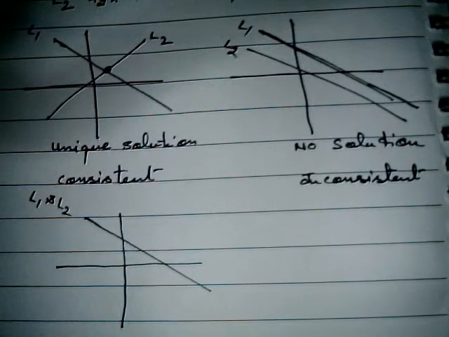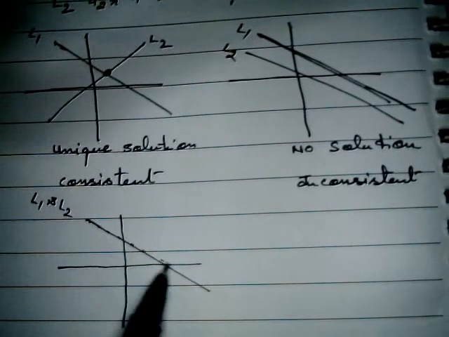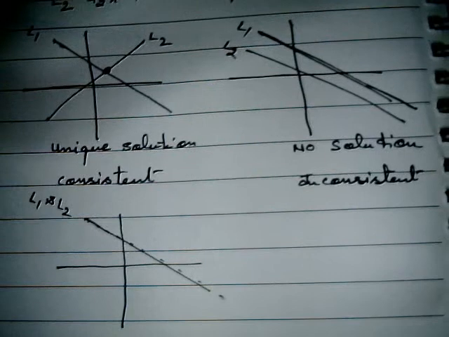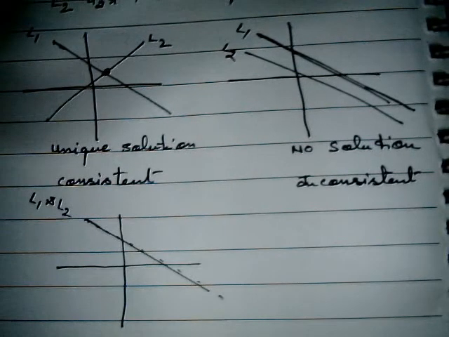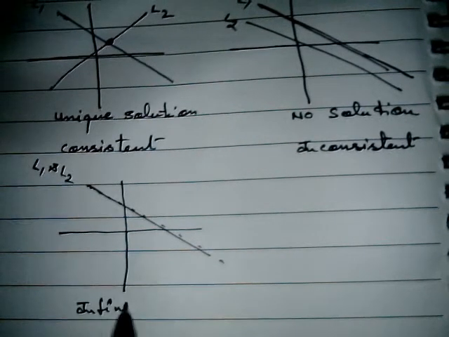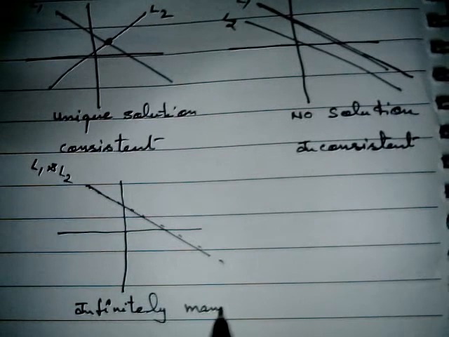So every point which lies on this line is a solution for both equations. This case contains infinitely many solutions, and this is also consistent.